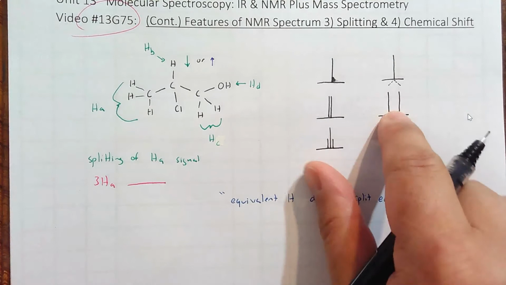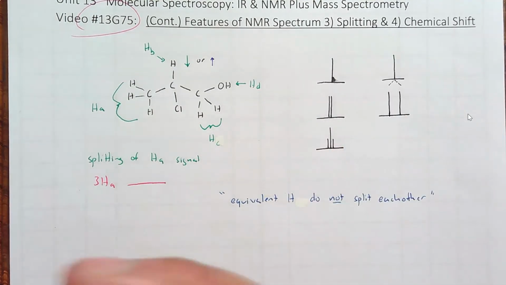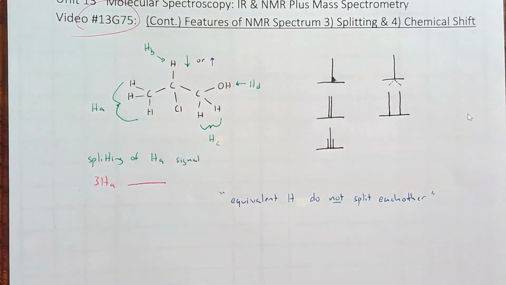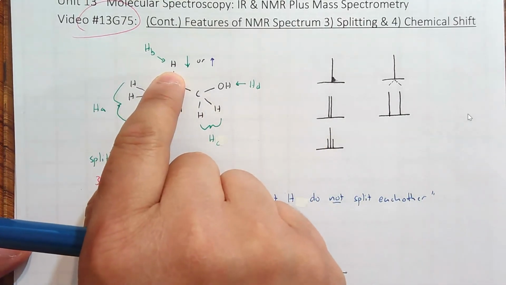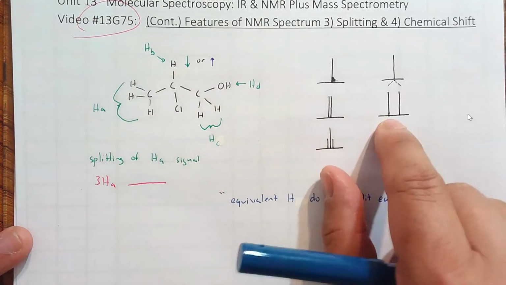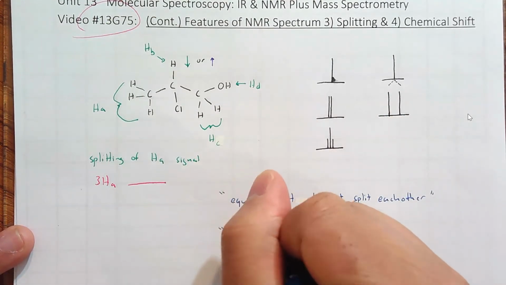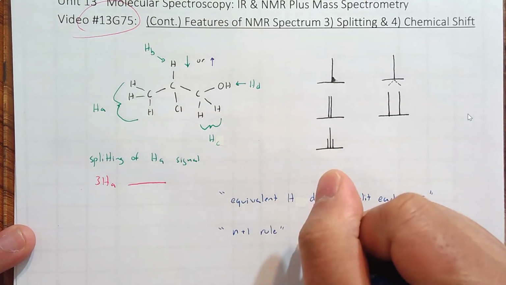I'm just showing that they're split. One above and one below, because of the perturbation, because of the influence of these mini magnets. Well, it seems like if I have one neighbor, it's called the nearest neighbor, I split into 2. That is called the n+1 rule. You take the number of nearest neighbors.